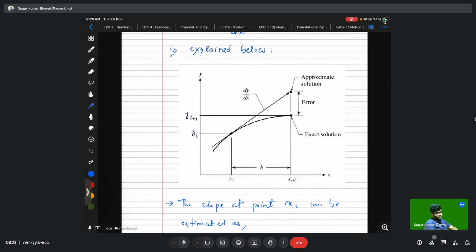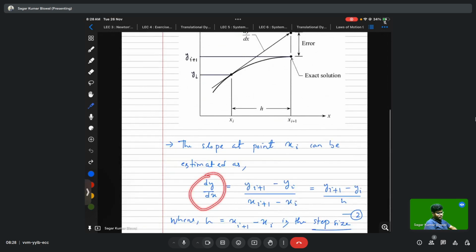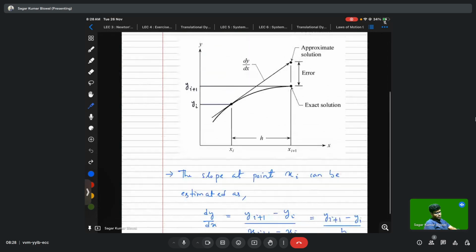Slope at this point will be dy by dx at that point, and you can write it as (yi plus 1 minus yi) divided by (xi plus 1 minus xi). So this is the point yi, and this is the point yi plus 1, and the slope at this point will be this length divided by this length.